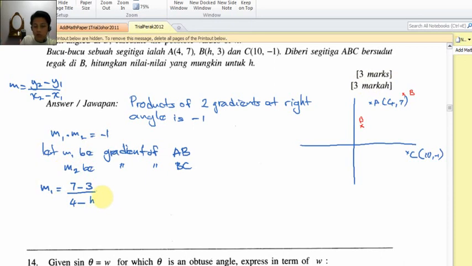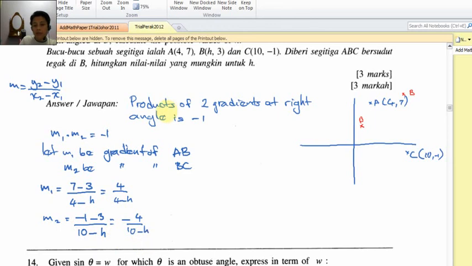So h is not known. So m1 is equal to 4 over 4 minus h. And m2 is equal to minus 1 minus 3, over 10, which is the x coordinate of point C, minus h. So this is minus 4 over 10 minus h.